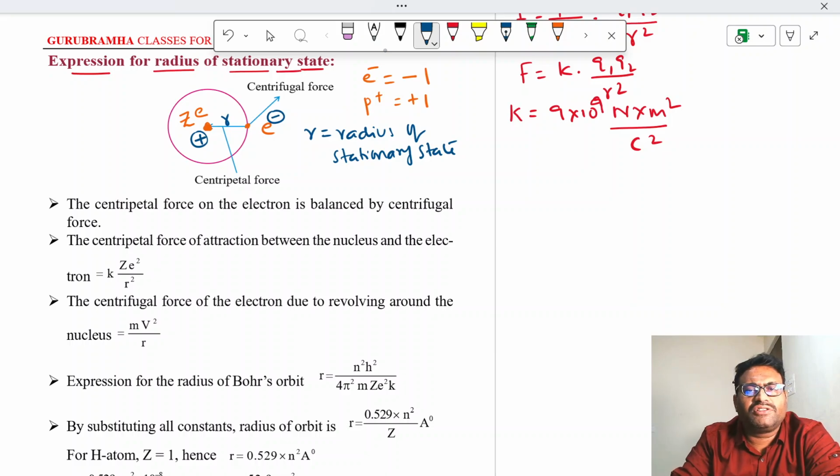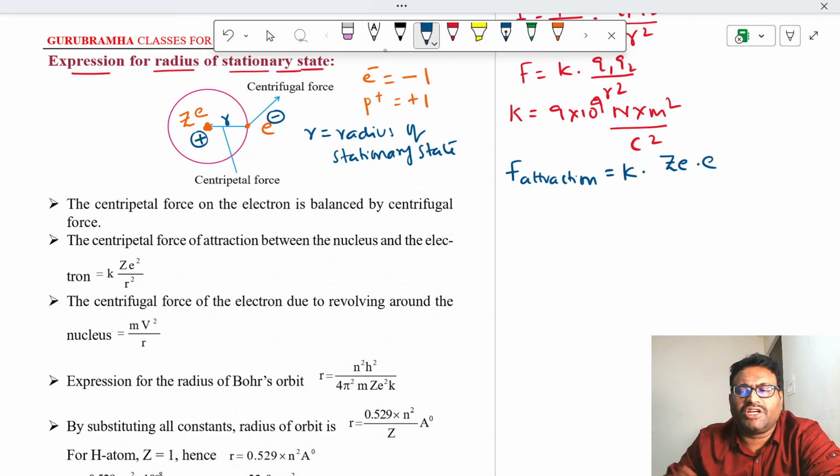If Coulomb's law is applied, then this force of attraction is given by K into, one charge is the charge of the nucleus, Z into E. The other charge is the charge on an electron.